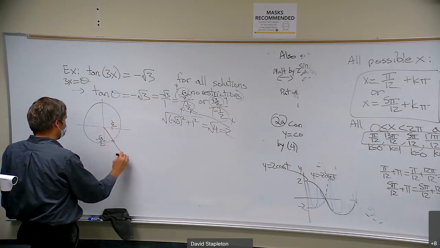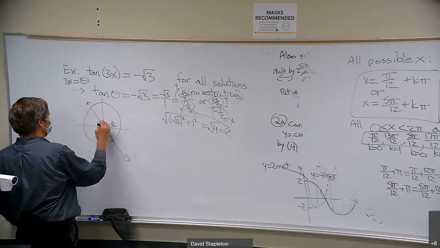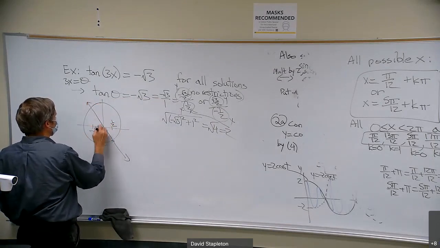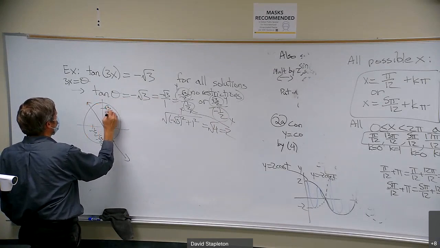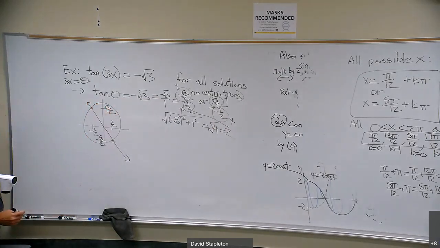That point. And the other one for tangent, cotangent is always the opposite direction, but we can figure it out. Minus a half and plus square root 3 over 2 was the other. Those are the two terminal rays that are possible. Only those terminal rays will work to make tangent theta equal minus square root 3.